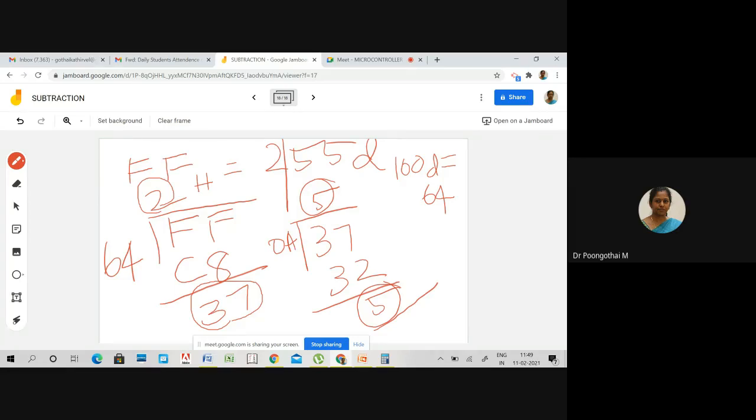So the exact equivalent is 255. In this way, we can program using two different methods to convert the hexadecimal number into decimal. Is that clear?